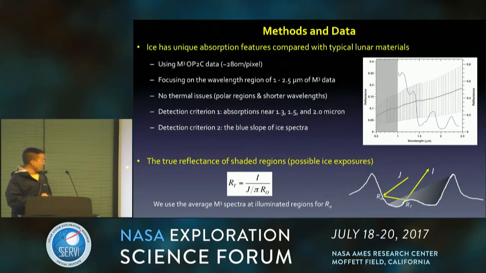In this figure, schematically, I'm showing the calculation of the true reflectance at this point in the shaded region, which equals the radiance captured by the sensor divided by the light source scattered into this part. Because this is a qualitative assessment, we're using the average M3 spectra in the illuminated region to represent the R0.